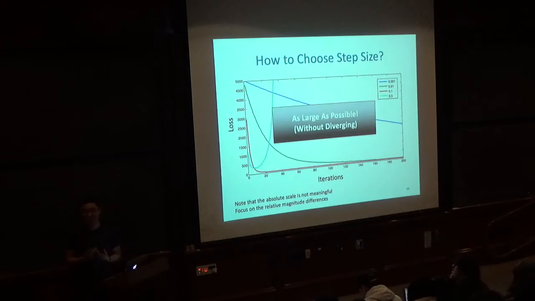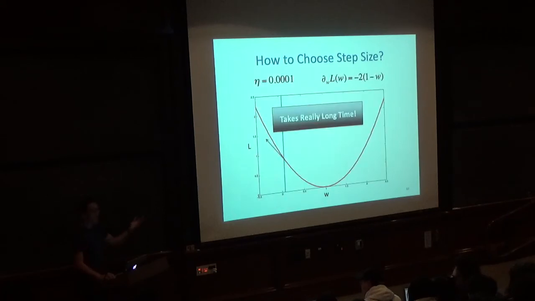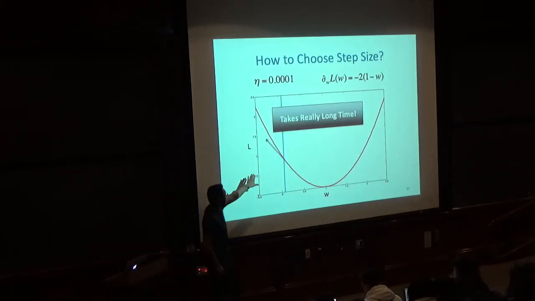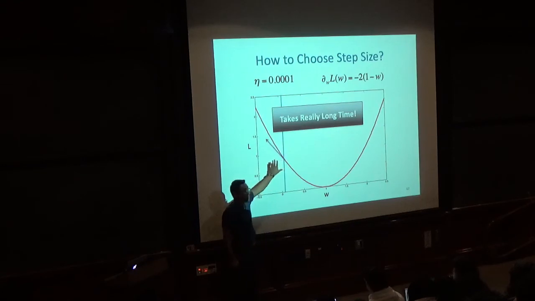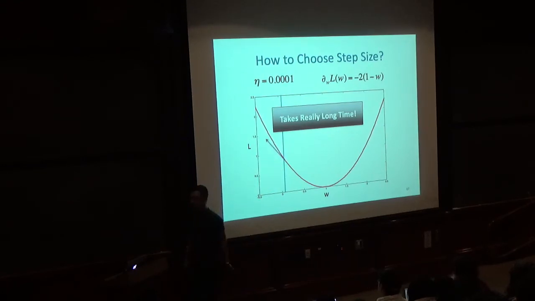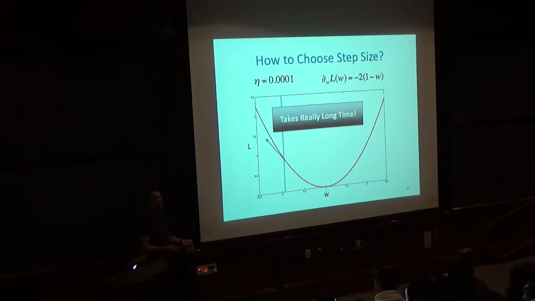Because the step size determines how aggressively you make an update. But if you make an update that's too aggressive, if you're very comfortable with calculus, you know that what we're doing here is essentially making a locally linear approximation to the loss function. And then we are basically saying, okay, we'll just make a potentially huge update in the direction of the steepest descent of this loss function with this locally linear approximation.